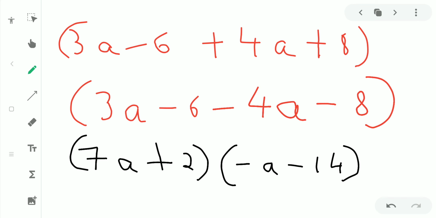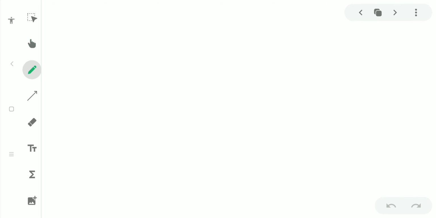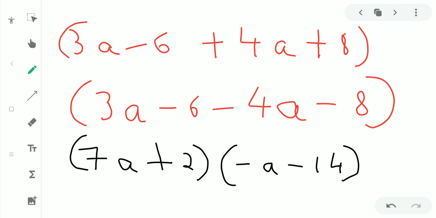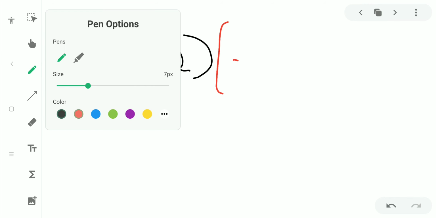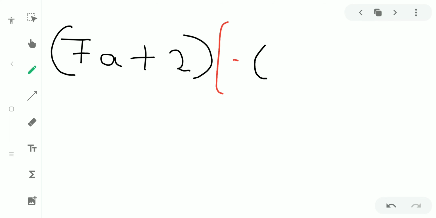So now here we can take minus common. 7a plus 2 times minus a plus 14, that is, on taking minus common, we will be having a plus 14.